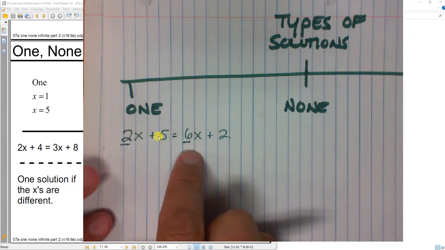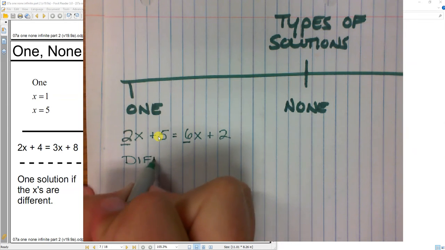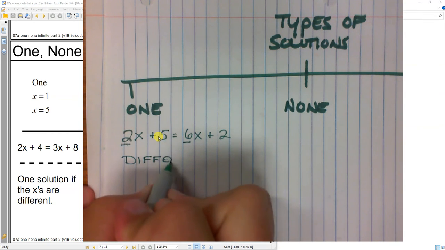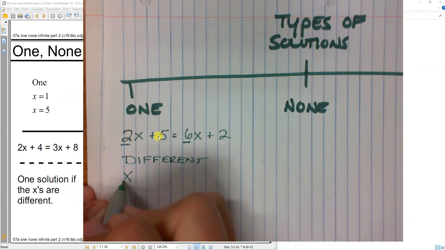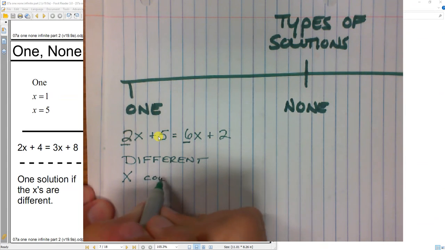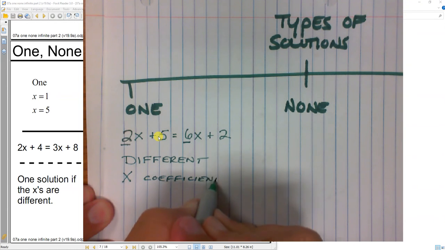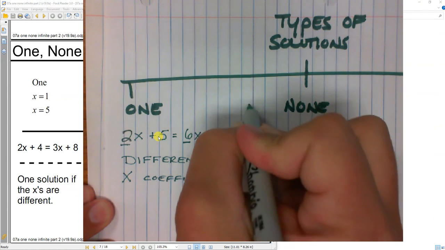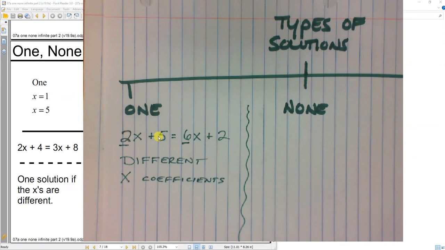So right here, one solution, different x coefficients. And that's the number in front of the x's. So if we have different x coefficients, that means there's going to be one solution.